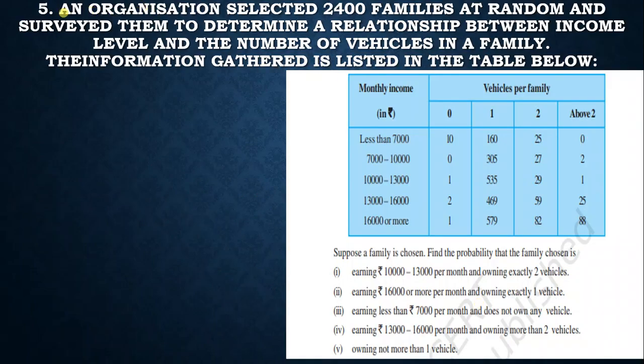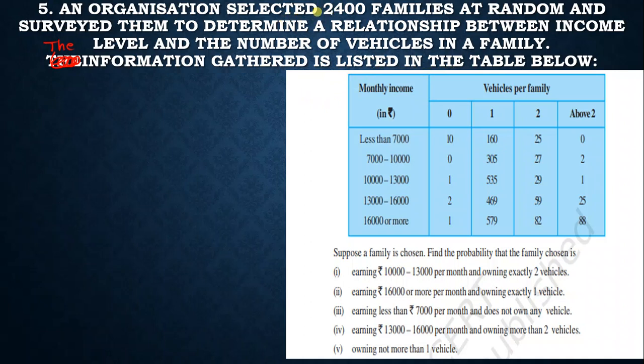So the fifth question is, an organization selected 2,400 families at random and surveyed them to determine a relationship between income level and the number of vehicles in a family. The information gathered is listed in the table below.